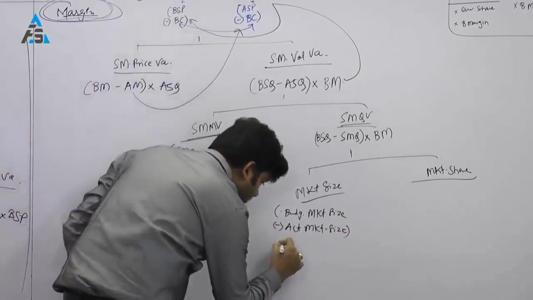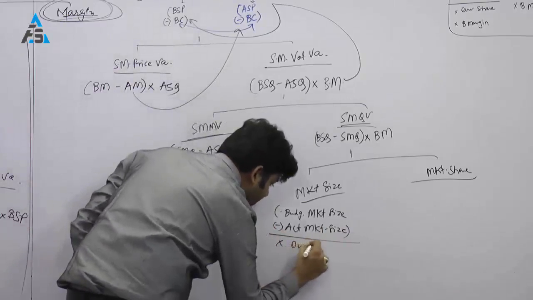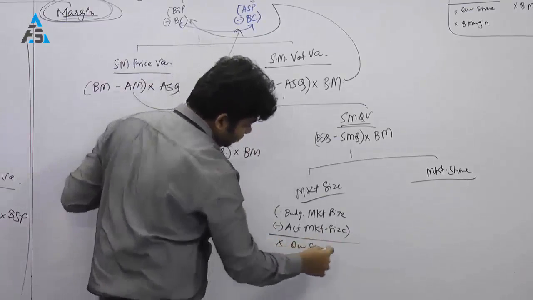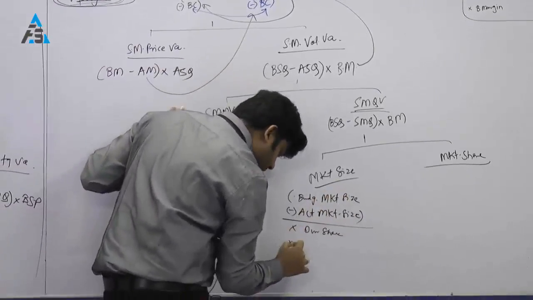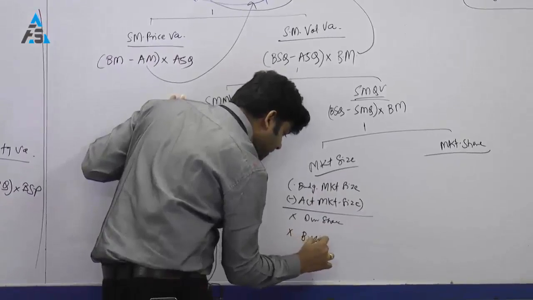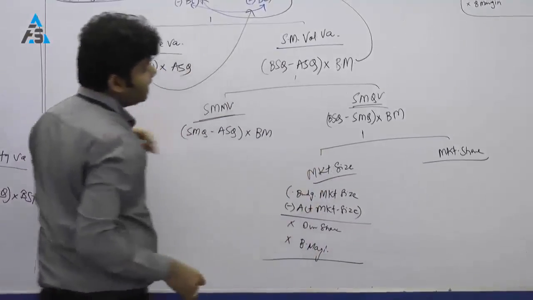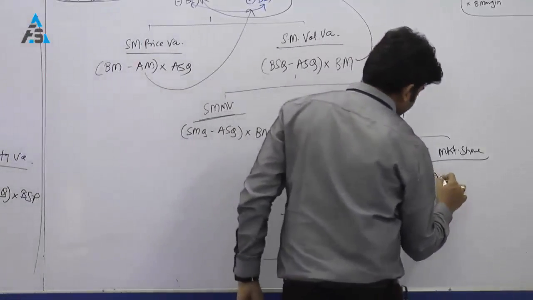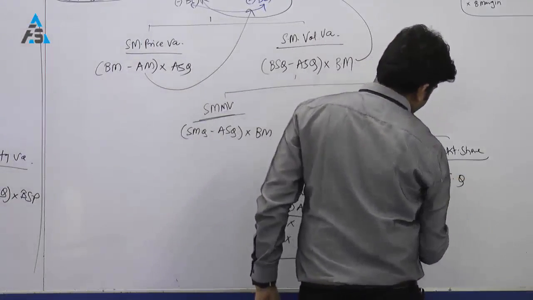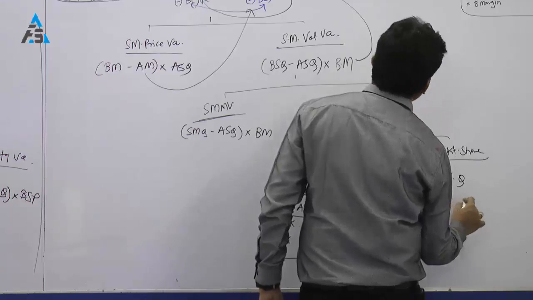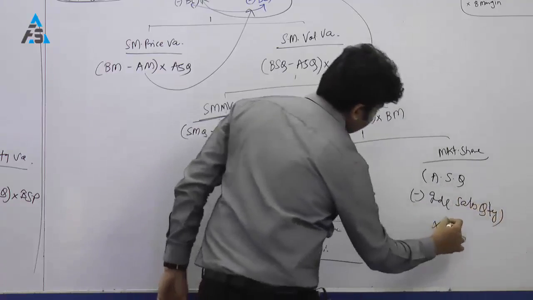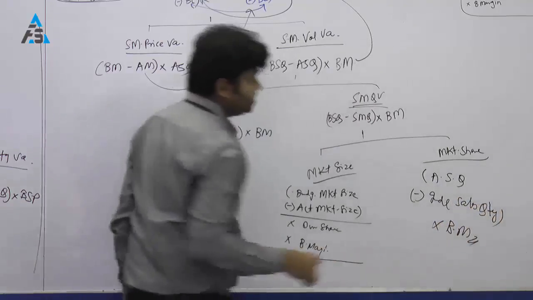In that, what is our share in this whole size, on which we will apply the budgeted margin to get the market size variance. Whereas market share is the actual sales quantity which we have done as compared with the industry sales quantity, multiplied by the budgeted margin.